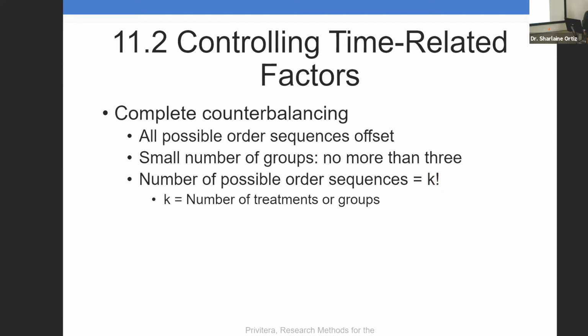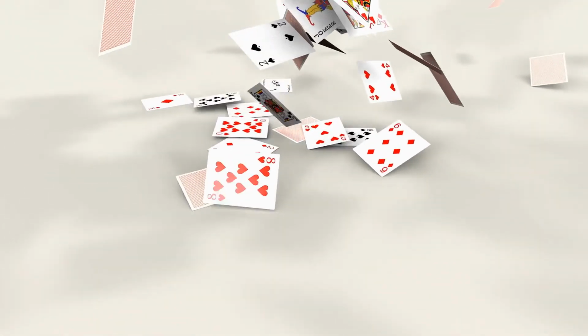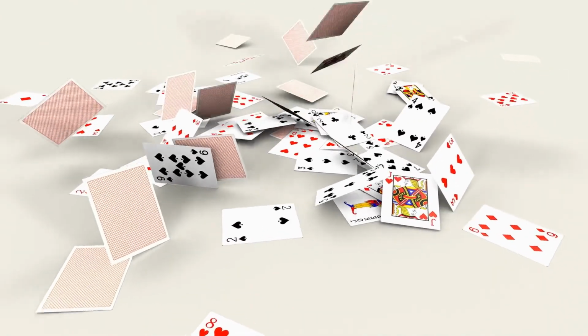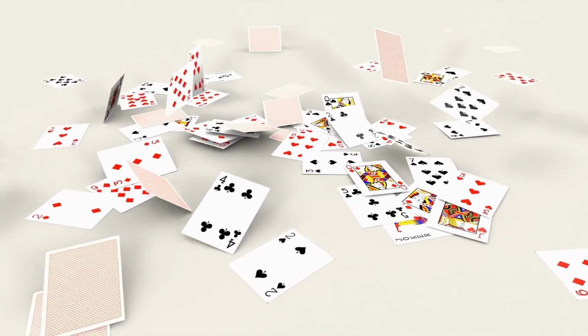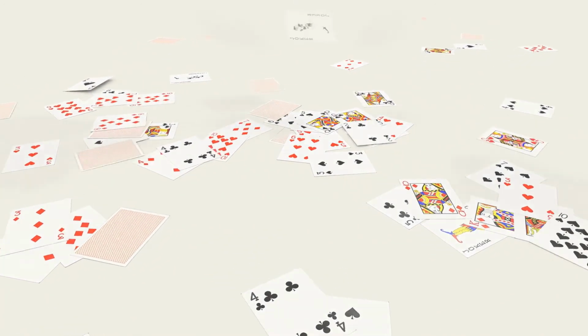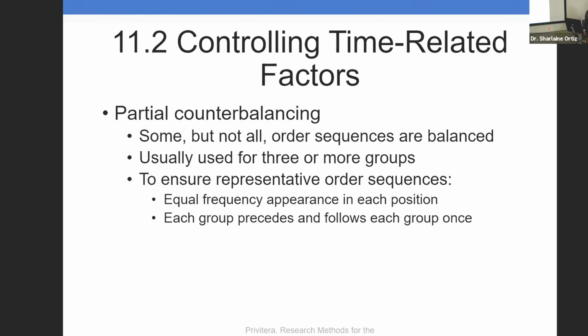Notice that the combinations could get very complicated. Think about shuffling a deck of cards. How many combinations can you have? It's the same premise here. You may have a lot of offset, so that is why we like to limit it to no more than 3. So any questions about that? Fantastic, good deal.